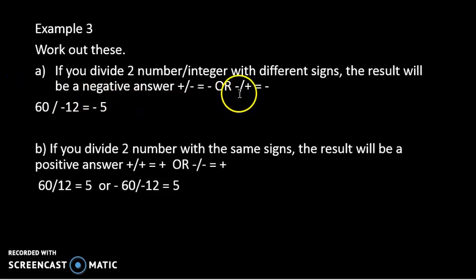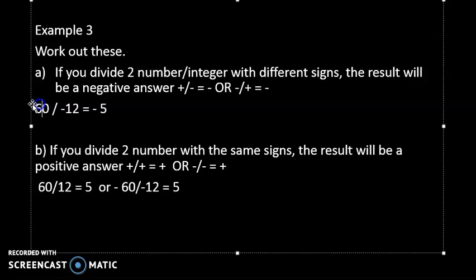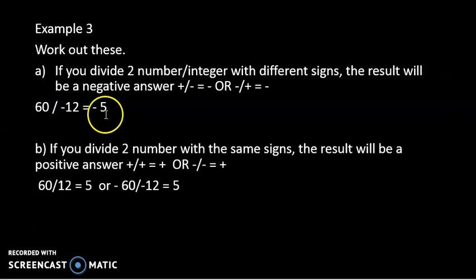Or if one is negative and the other one is positive, still the result will be a negative. For example, I have 60 divided by negative 12. We said if they are different signs, so you can see this one is positive and this one is negative. So our answer will be a negative 5.